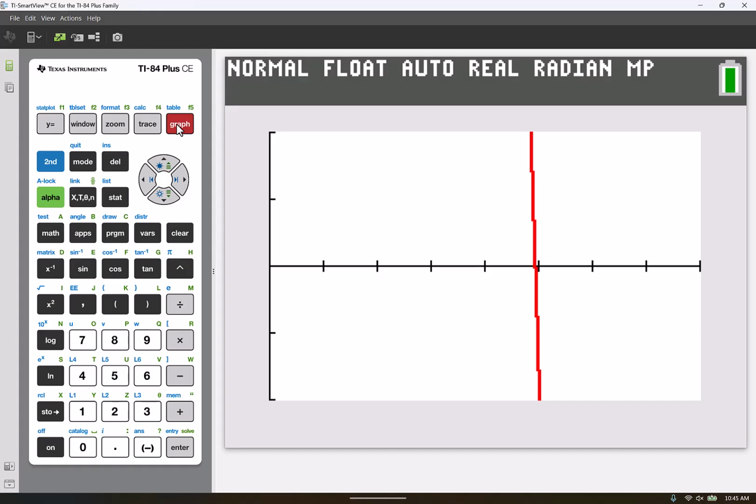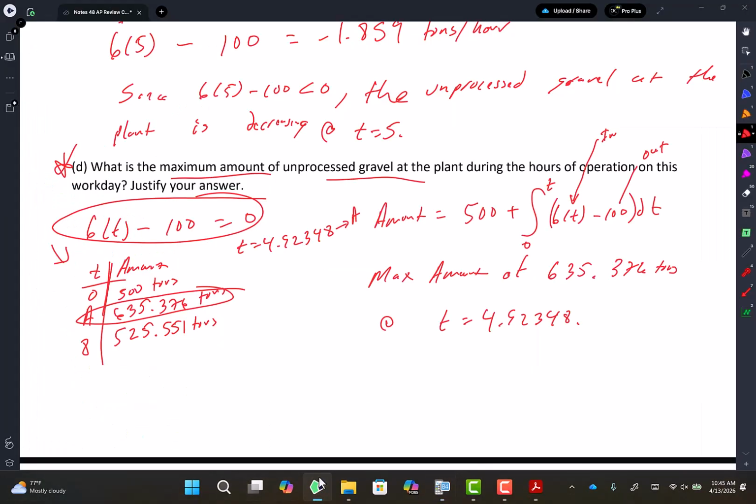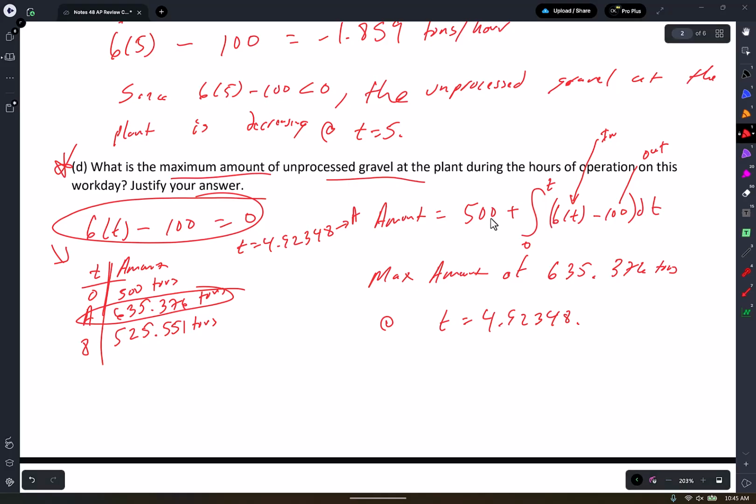So I'm going to have a max there. So I found my 0. I stored that into my letter. Maybe I shouldn't have used the letter A because they used A, but there's no A anywhere in the rubric. And then I just found how much I have with my little formula here: 500 plus the integral from 0 to whatever that value is.